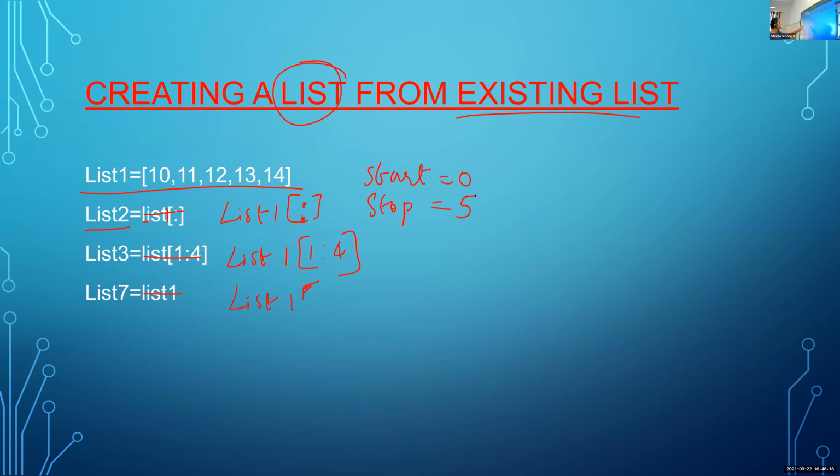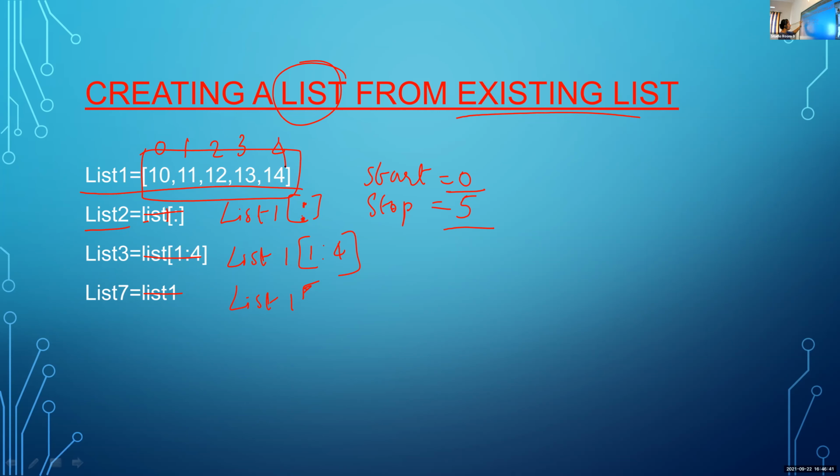So here from list 1, I'm creating a new list, list 2. The content of that list 2 is the entire list 1 content. For that I'm using a single colon. That means start value is 0, stop value is 5. So the index values are 0, 1, 2, 3, 4.